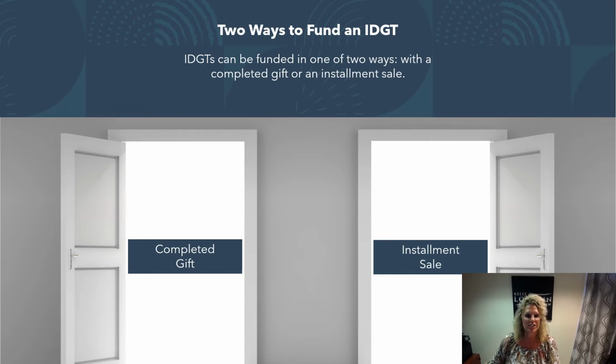The IDGT is a grantor trust, which means that the installment sale amounts to the grantor selling assets to themselves. The benefit of this arrangement is that any gains from the sale are tax-free. The grantor may choose to earn income from the installments or make interest payments to the trust and grow its value for the benefit of the heirs.